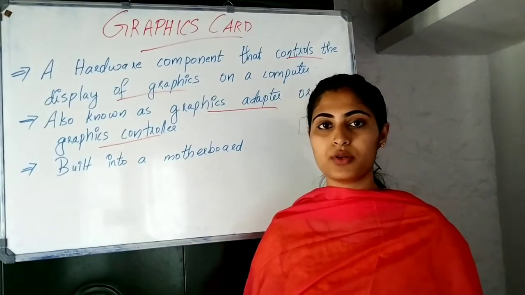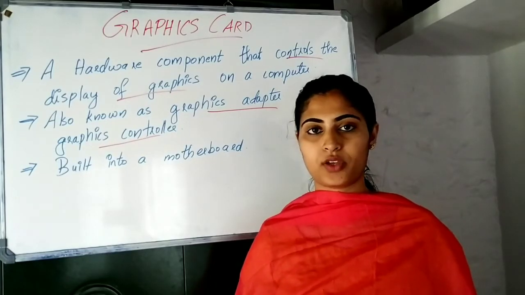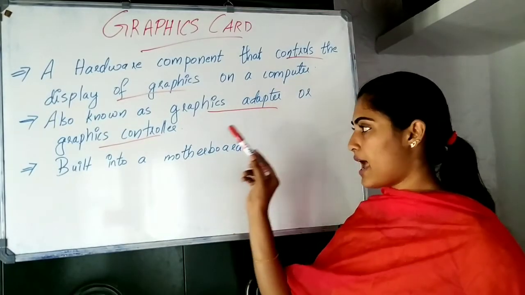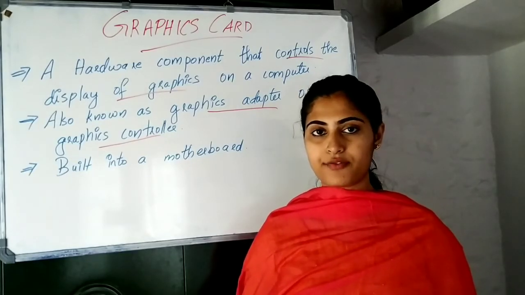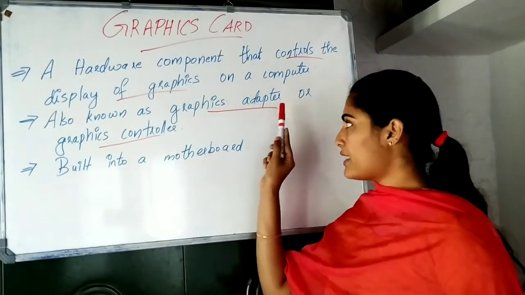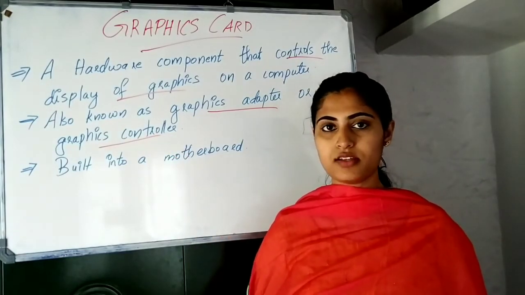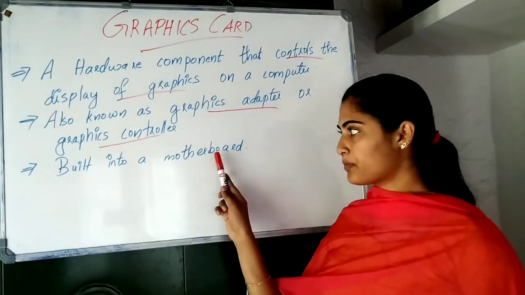Only then will we be able to see these pictures and watch movies or videos. The other name for graphics card is graphics adapter or graphics controller. This graphics card is also placed inside the motherboard.